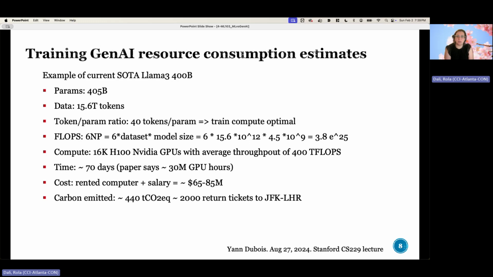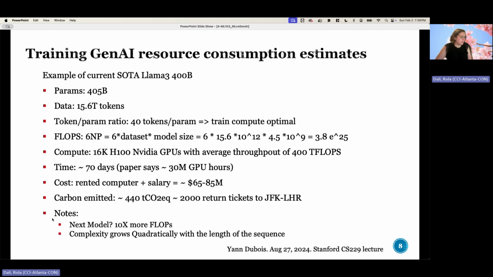A lot of what academics do is really focus on algorithms. How do you perfect the algorithm? How do you do smart tricks to be able to do some of these things at a better cost, right? Whereas in industry, there's a lot of money, and so they crank up the compute. And so some of the notes is, what is the next model? Well, there's usually 10x more flops.